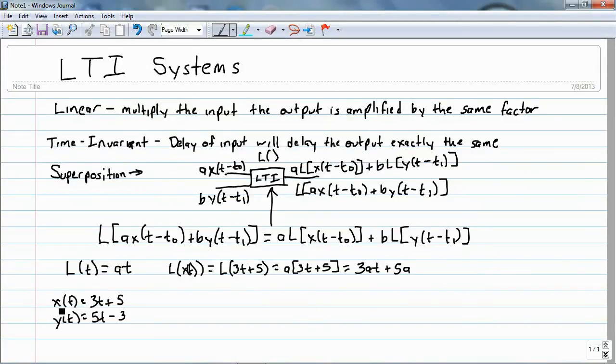So that's for our input x of t. Now let's do it for y of t. So that's going to be L of 5t minus 3. And that's a times 5t minus 3. And that's going to be 5a t minus 3a.